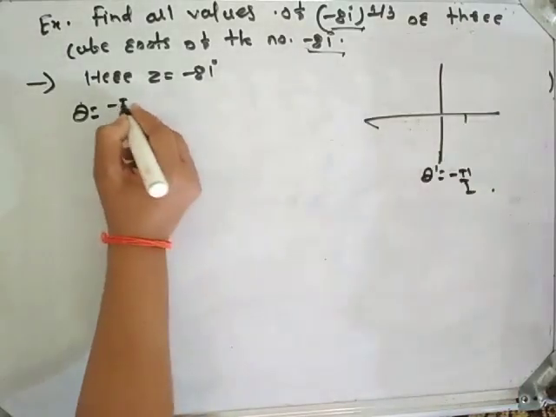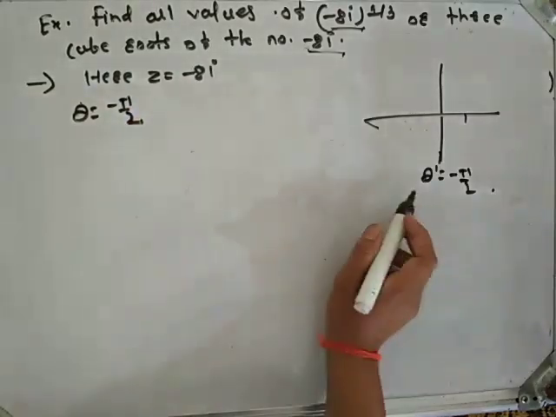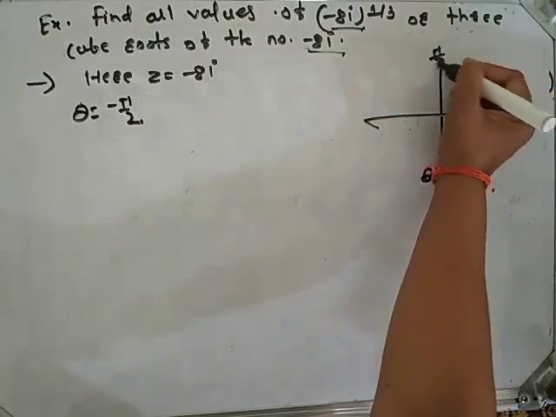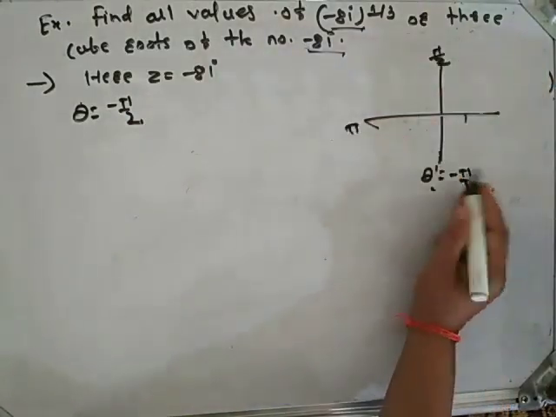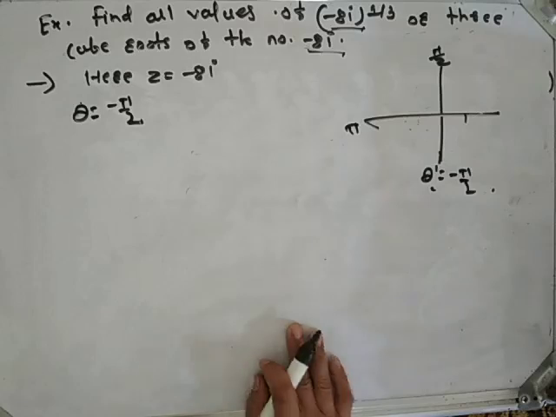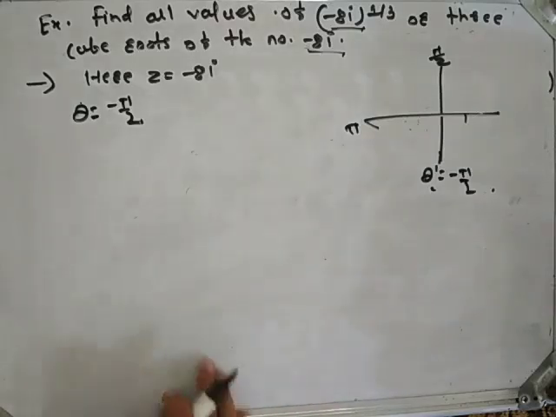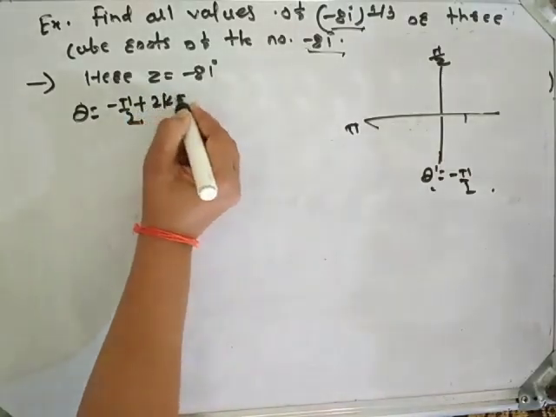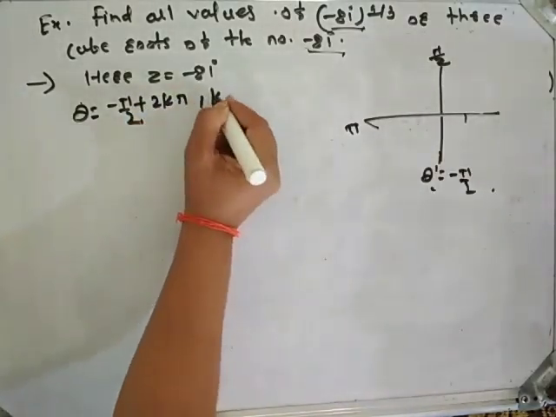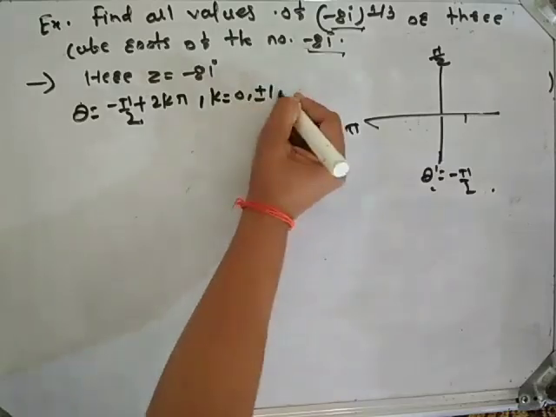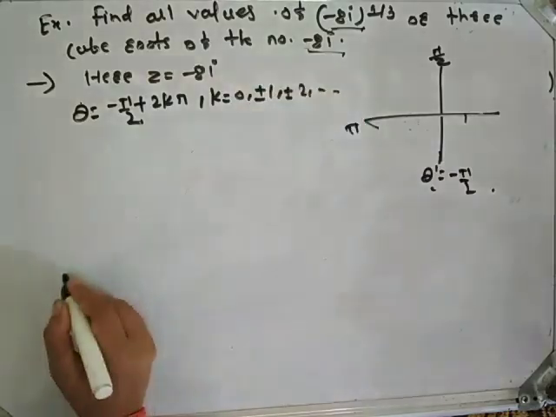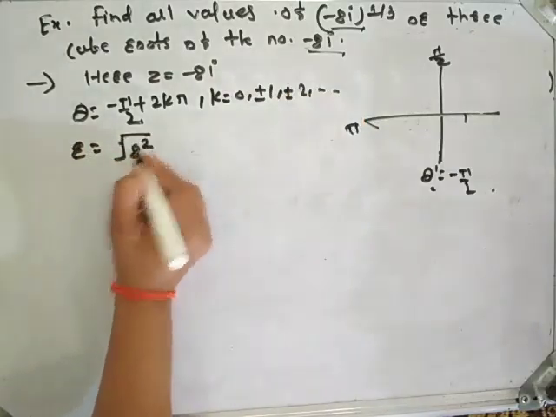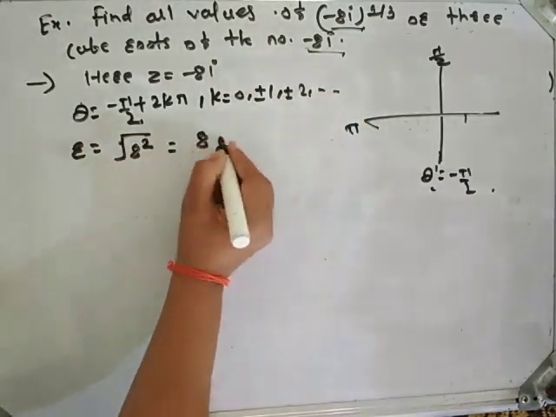Keep in mind that here theta is pi by 2, here pi, and here minus pi by 2. So minus pi by 2 plus 2k pi, where k runs from 0, plus or minus 1, plus or minus 2 and so on. And r is root of 8 squared, which is 8.